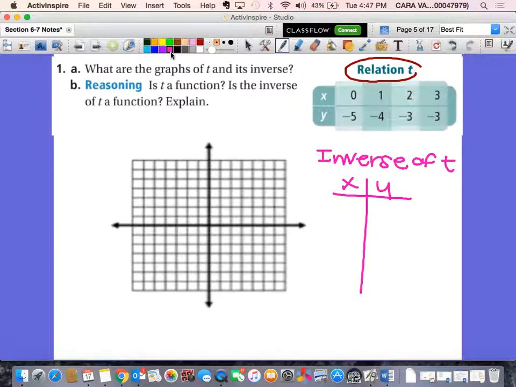And like we say, what were the x values now become the y values. And what were the y values now become the x values. So now I'm going to go ahead and do all of my graphing. I'm going to have 0, -5, 1, 2, 3, 4.